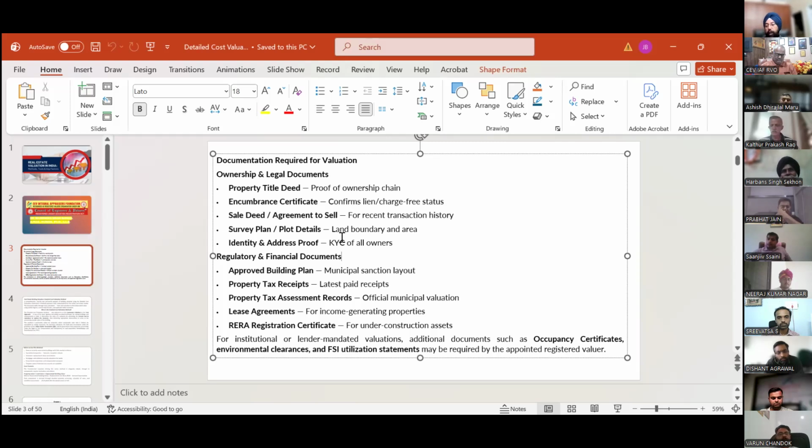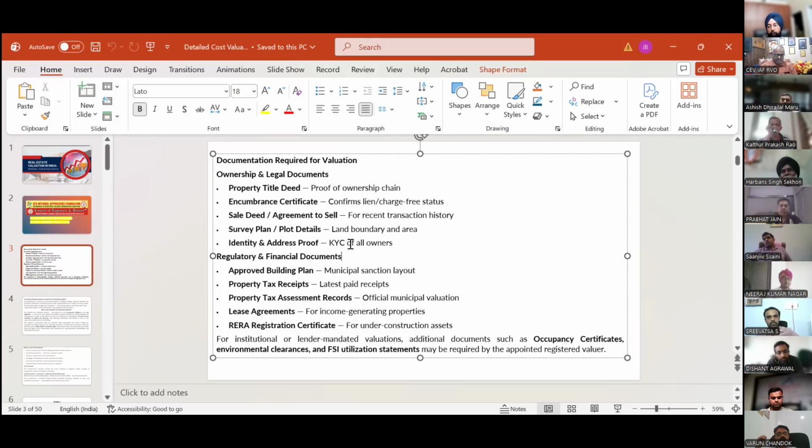Each state has a survey plan, which may be named in the local language. Here in Punjab it is called the Shajara plan. Maybe it is called by some other name in your state, but technically it is a survey plan.